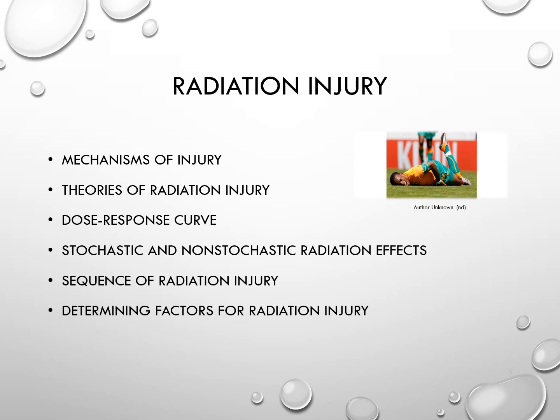We need to understand the theories of what happens in the body once radiation injury occurs. We need to understand the dose response because the dose determines the level of injury, the stochastic and non-stochastic radiation effects, which we'll learn the differences between, the sequence of radiation injury, so what happens in order after the injury occurs, and then the determining factors for radiation injury.